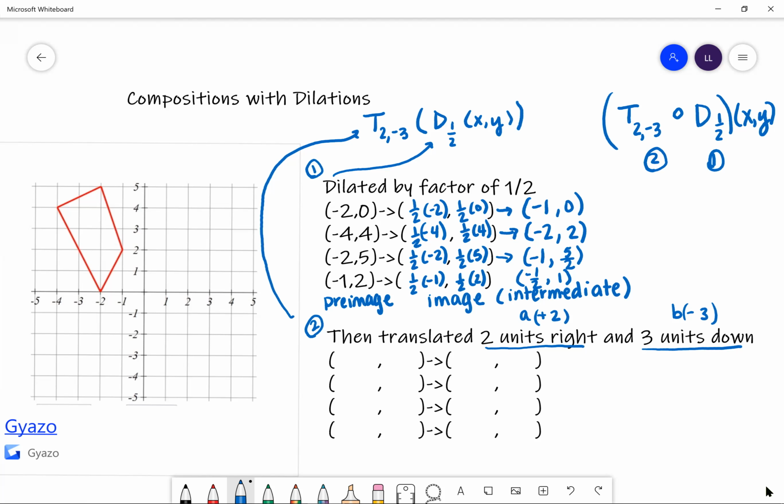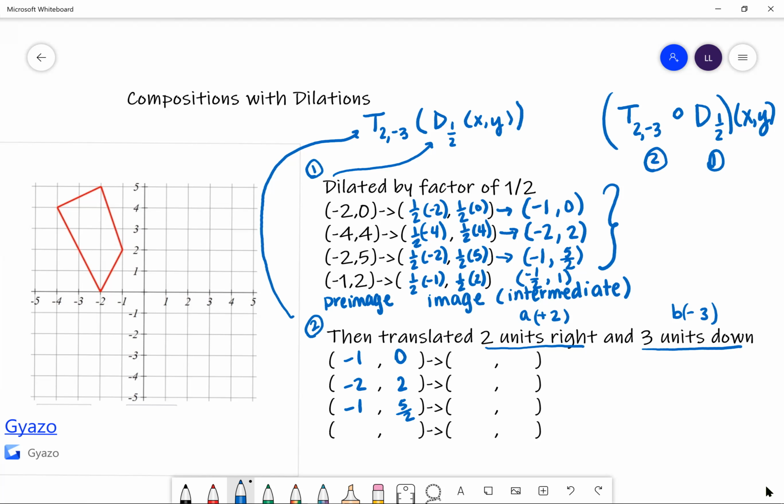That's our images. Okay. So now let me tell you what was going to happen. We're going to take these points, our intermediate points, and they become the new domain for the second function.